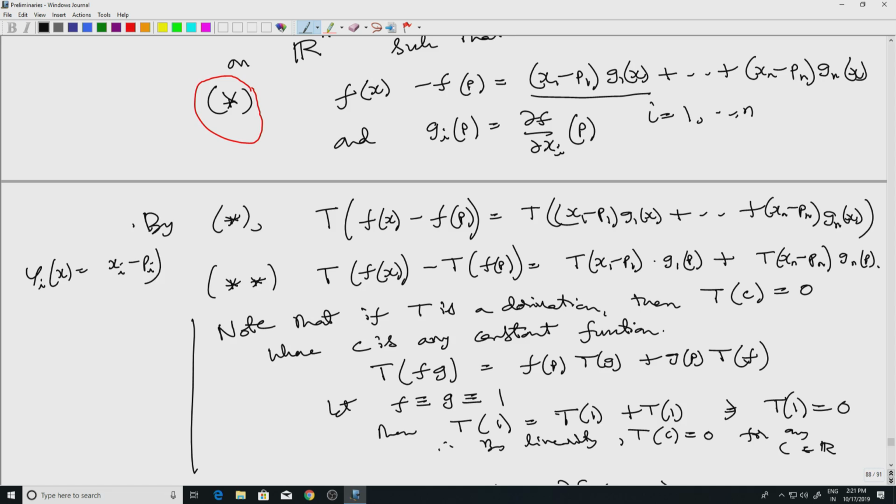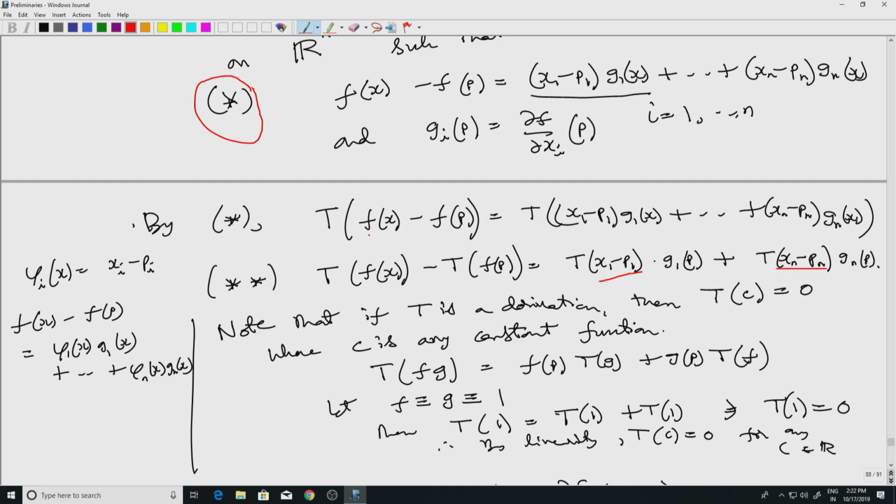If I define such a function, then f(x) minus f(p) has the form phi1(x) g1(x) plus ... plus phin(x) gn(x), and I act on both sides. In what I've written down already, I've not used the phi notation. I've just written it as x1 minus p1, xn minus pn, etc.